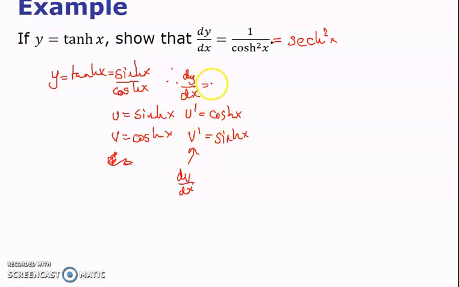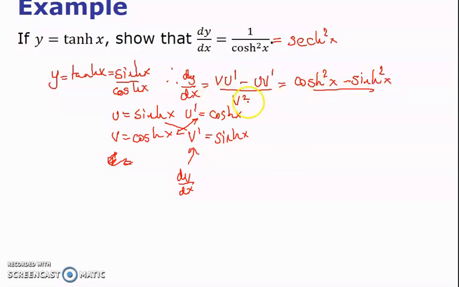If not, it's fine. So quotient rule, I said, well the rule for quotient rule is v u dash, remember this is du by dx, minus u v dash, all divided by v squared. So what's my v u dash is that times that initially, and that's cosh times cosh, which is cosh squared, minus u v dash, which is sinh times sinh, which is obviously sinh squared, all over, it says v squared, v was cosh.